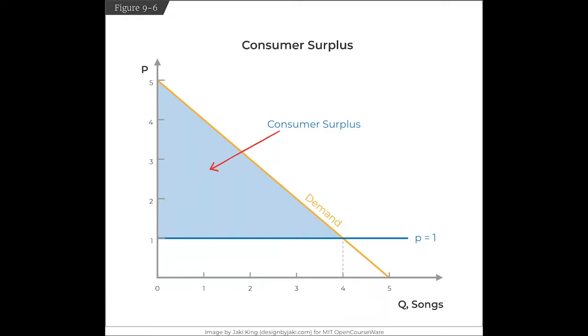However, when she bought Humble, which was her first choice song, she gained a surplus, because she paid $1 for that, but she was willing to pay $4 for it. The surplus is the difference between what she paid, which is represented by the horizontal line at $1, and what she was willing to pay, which is the demand curve, which is $4. So she gained that surplus.